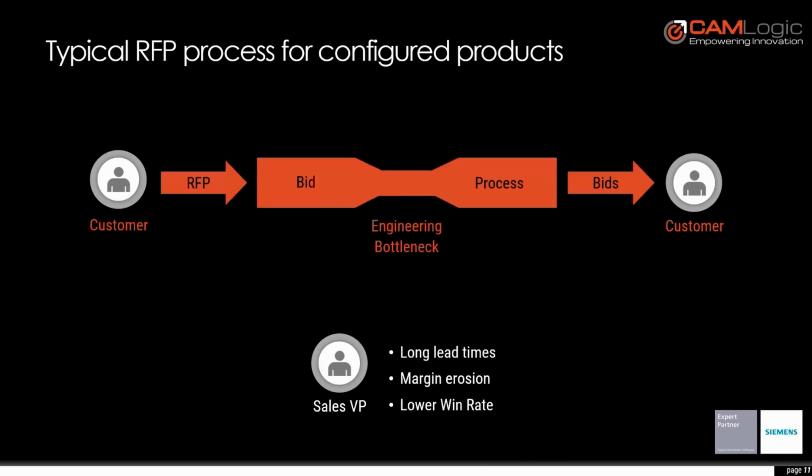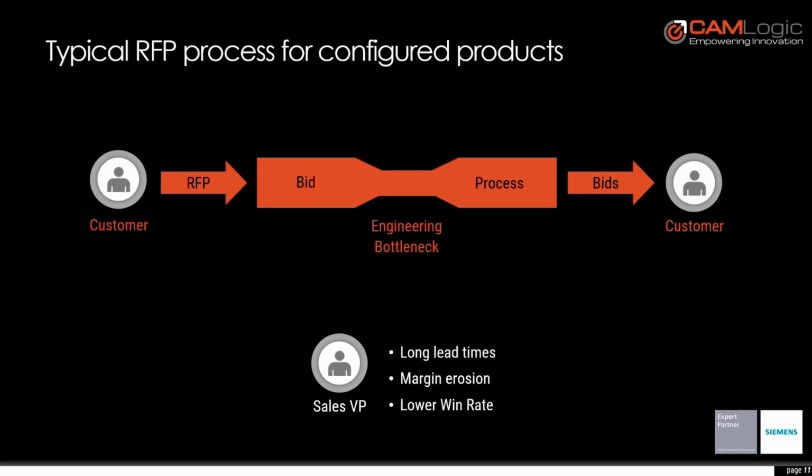This would be kind of the typical process that a company has when they get a request for a proposal. Typically, the customer requests a proposal, and the manufacturer then has to review the proposal, which usually requires a bit of engineering work.